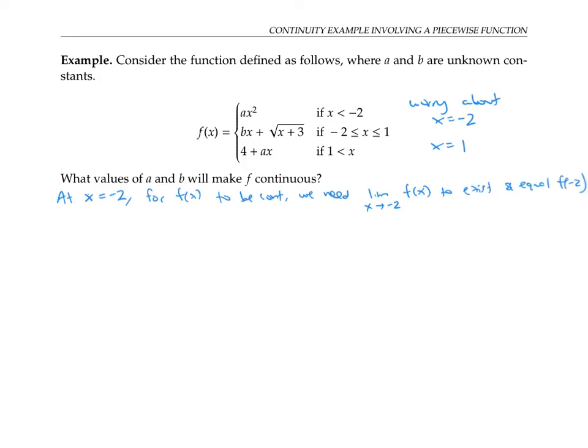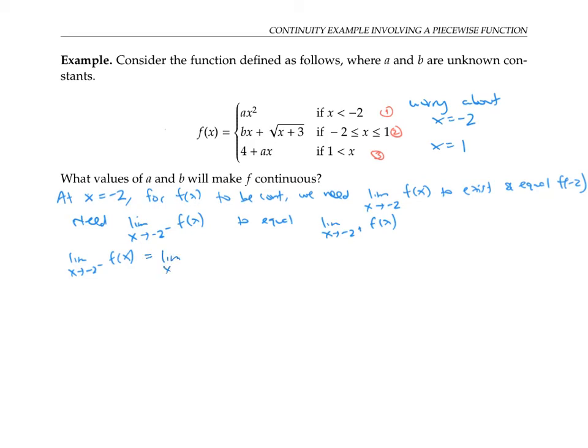For the limit to exist, we need the limit as x goes to -2 from the left to equal the limit as x goes to -2 from the right. Now, to evaluate the limit as x goes to -2 from the left, we're going to need to use the first rule, Rule 1, since x values coming in to -2 from the left means that x is less than -2.